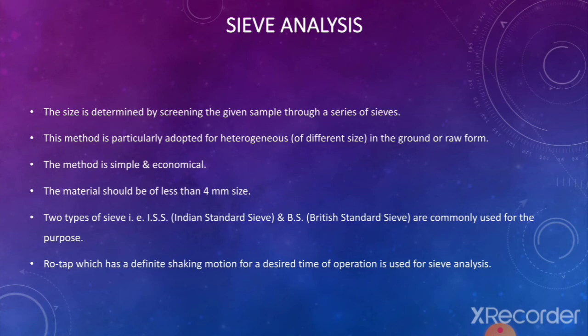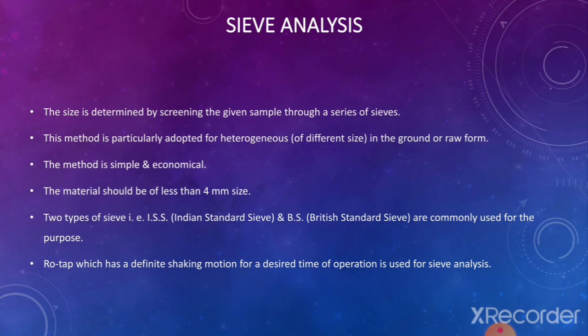This method is particularly adopted for heterogeneous materials of different sizes in the ground or raw form. The method is simple and economical. There is one condition: the material should be of less than 4 mm size.